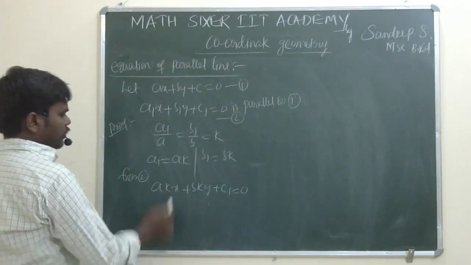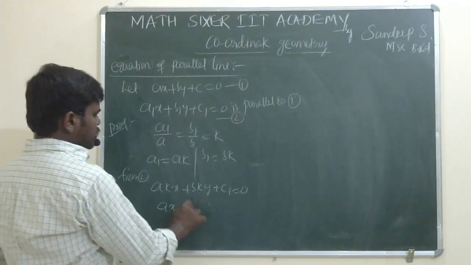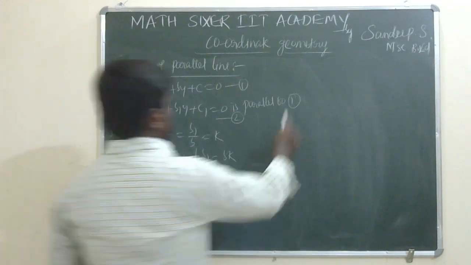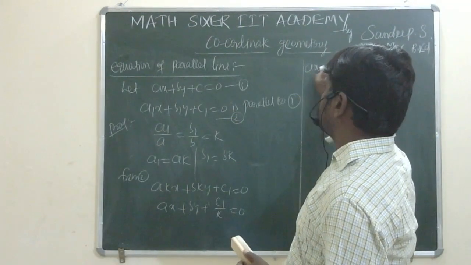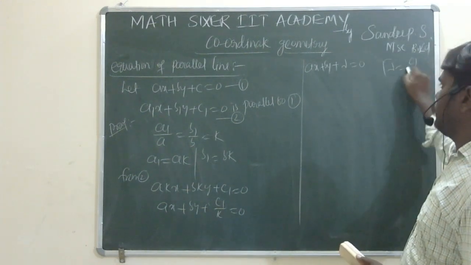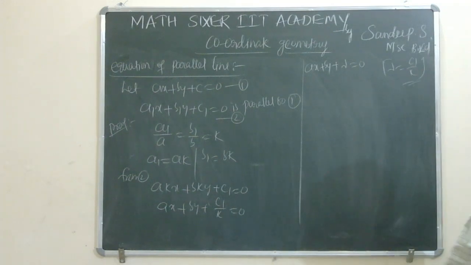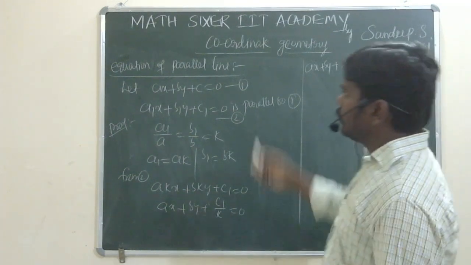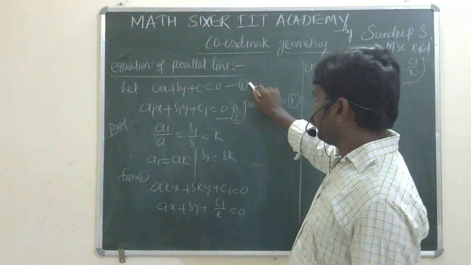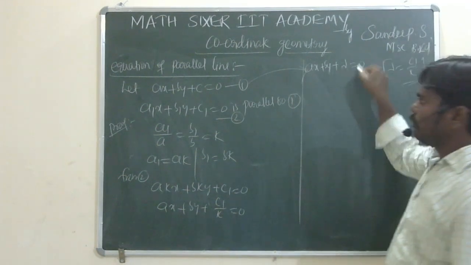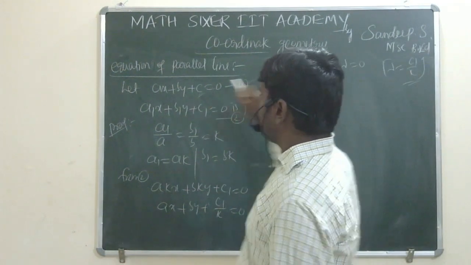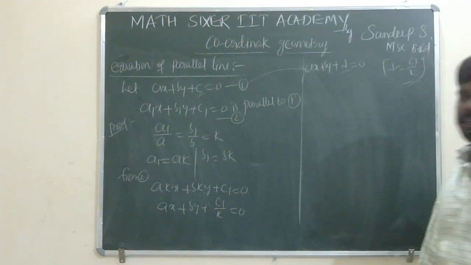Taking k common, you will get ax plus by plus c1 by k is equal to 0. That means ax plus by plus lambda is equal to 0, where lambda is c1 by k, just a constant. So the equation of a straight line which is parallel to ax plus by plus c is equal to 0 is ax plus by plus lambda is equal to 0. There is no change in the x and y coefficients; there is a change only in the constant term, which you have to observe here.